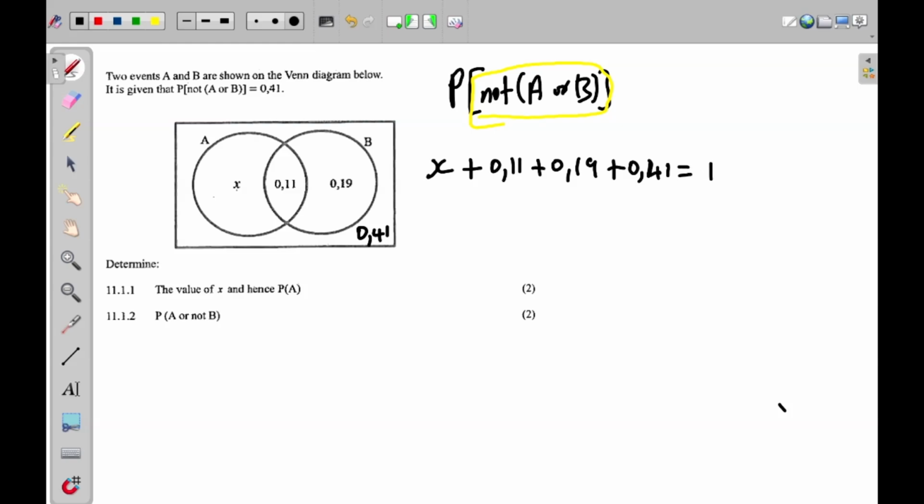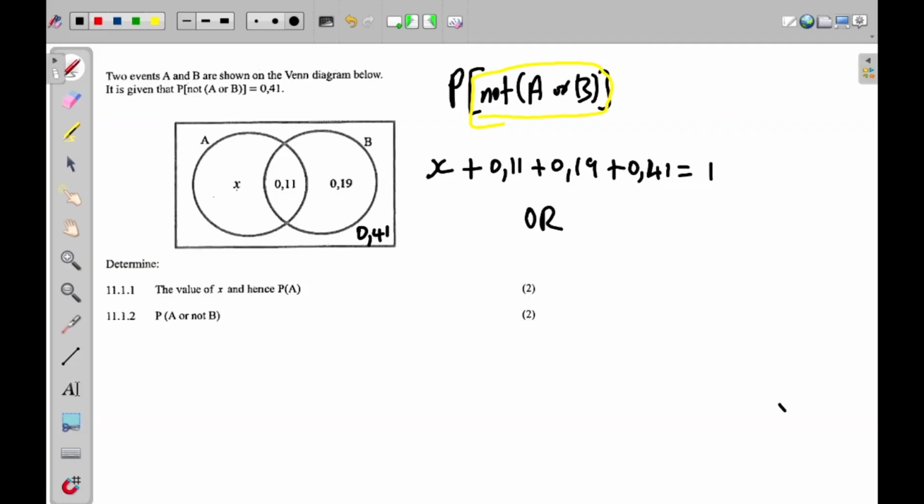That's what we have established. So for you to find the value of x, you have to remember that all probabilities in a Venn diagram must add to 1.